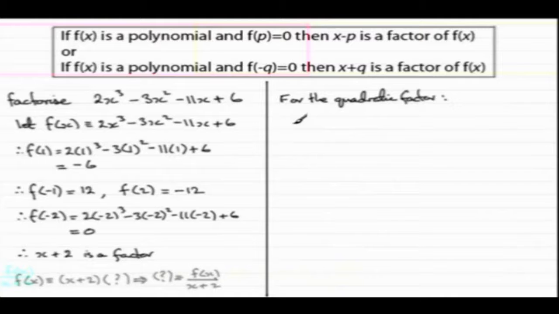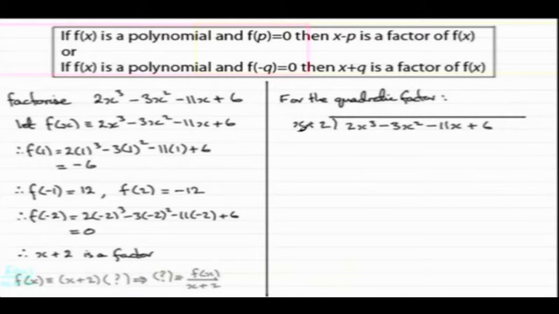I'm assuming that you're familiar with algebraic long division. If not, you can go to another video on my website, look under the main index of tutorials for algebraic long division, or you might even see a link on this page if you're viewing it on my website.